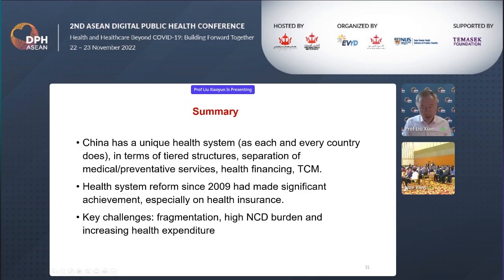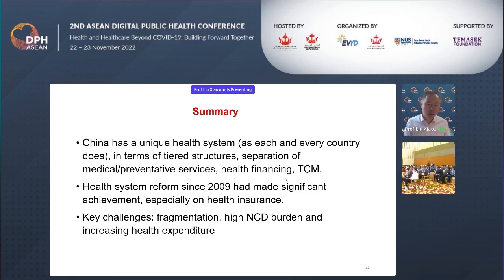Briefly, in summary, China has a unique health system, as each and every country does, in terms of the tiered structure, separation of medical and preventive care, health financing system, and traditional Chinese medicine. This is some uniqueness of the Chinese health system. The health system reform since the year 2009 has made significant achievements, especially on the health insurance scheme.